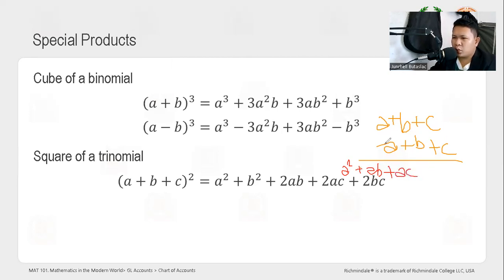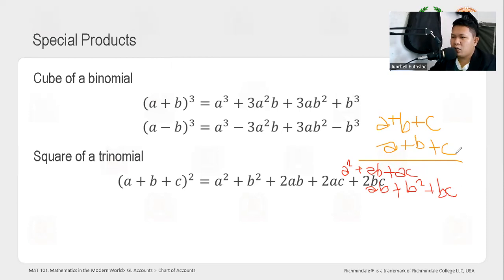Now we're done with a, so let's move to b. B times a, that's ab, so you have to align. B times b, that's b squared. Later on, you have to arrange the like terms. B times c, that is bc.